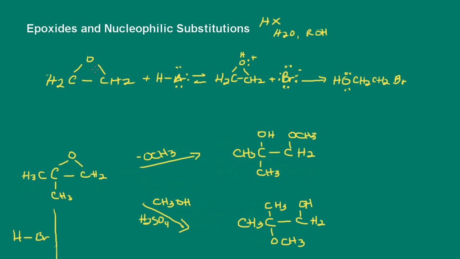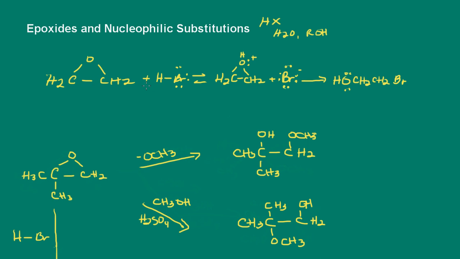Now, hydrogen halides will react with epoxides. Water and alcohols will also react, but an acid has to be added to the mixture. So let's go ahead and take a look at the mechanism here.